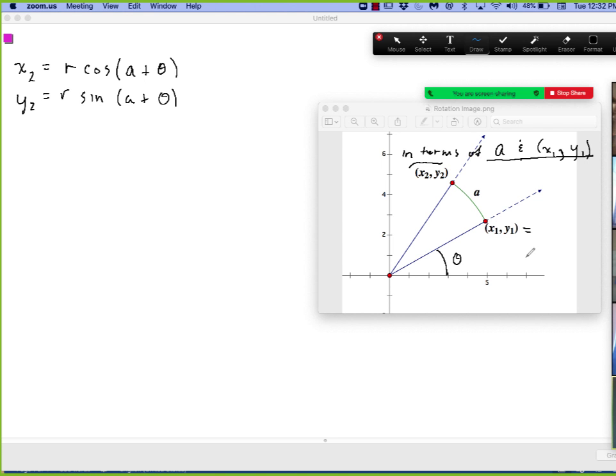Okay. That goes back to invoking a square root. I think if we stick with polar coordinates or trig, we can avoid that. But what about x1 and y1? What do we know about that?